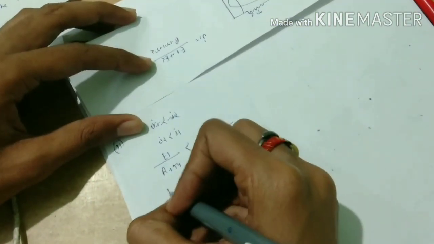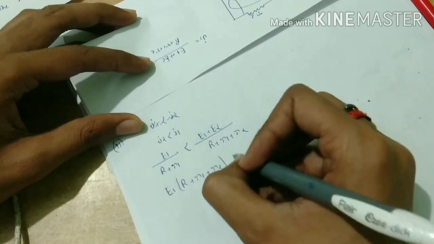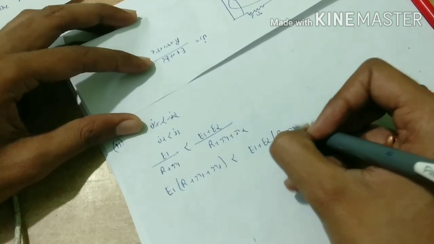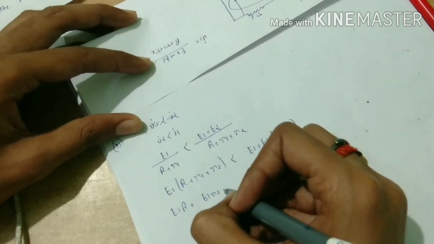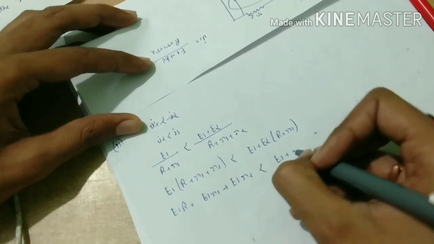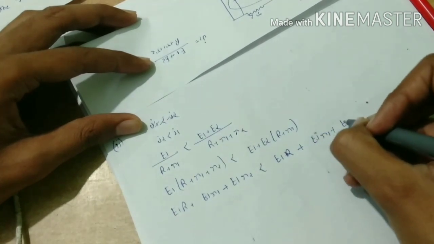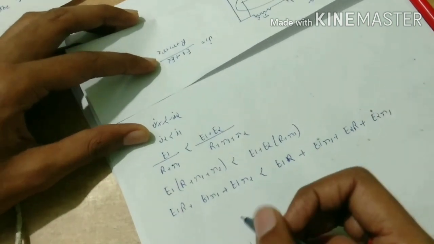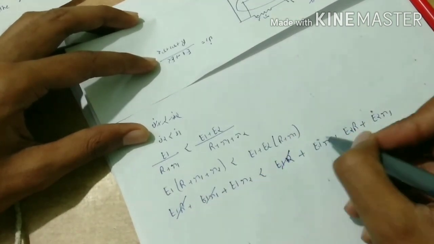So let's solve this equation. Multiplying inside, E1 R cancels out, E1 R1 cancels out.